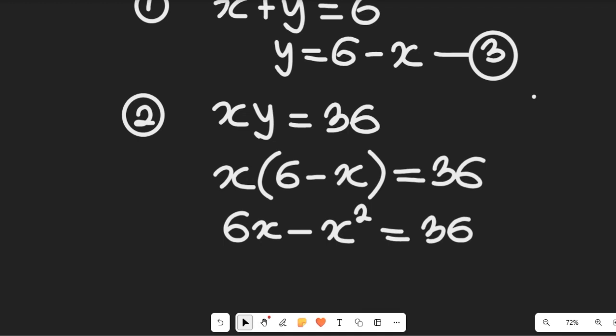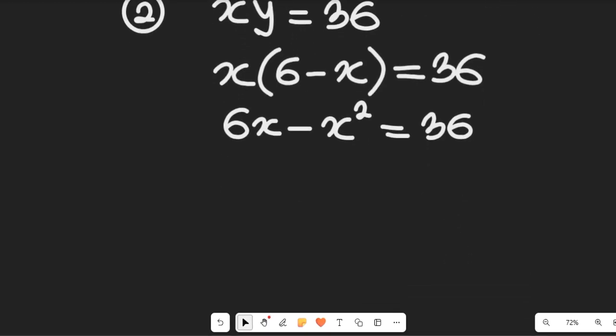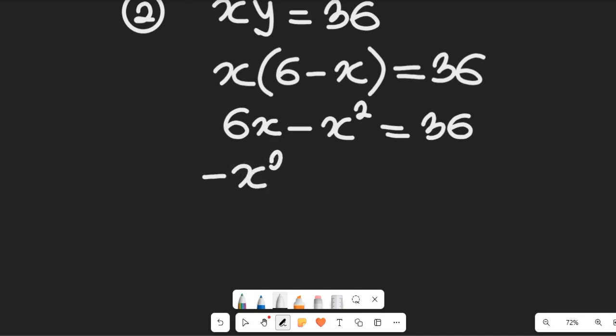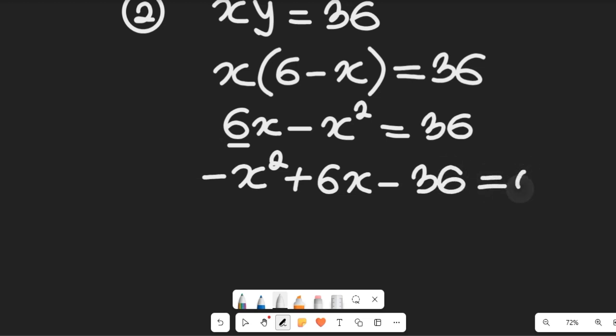Now I'll rearrange these terms to make the expression simpler. I'll bring the right hand side to the left hand side, and then I'll have negative x squared plus 6x minus 36, and this is equal to 0.